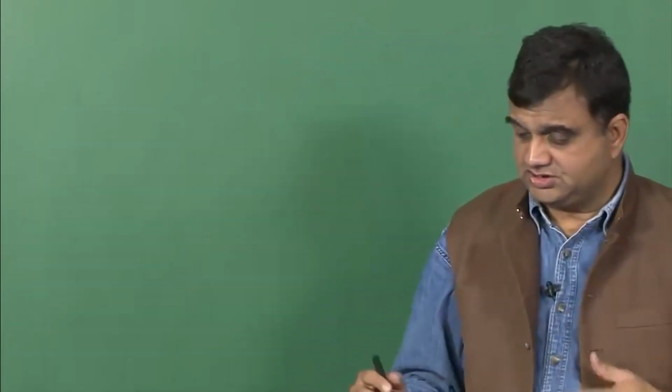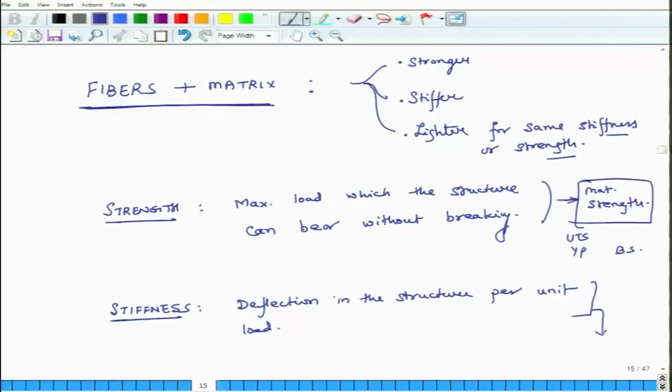Okay. And the stiffness of the structure in general is very strongly related to what? Young's modulus. Now, this is in the context of regular materials like steel and glass and plastics. In composites, there is something similar to Young's modulus, but we do not call it Young's modulus.